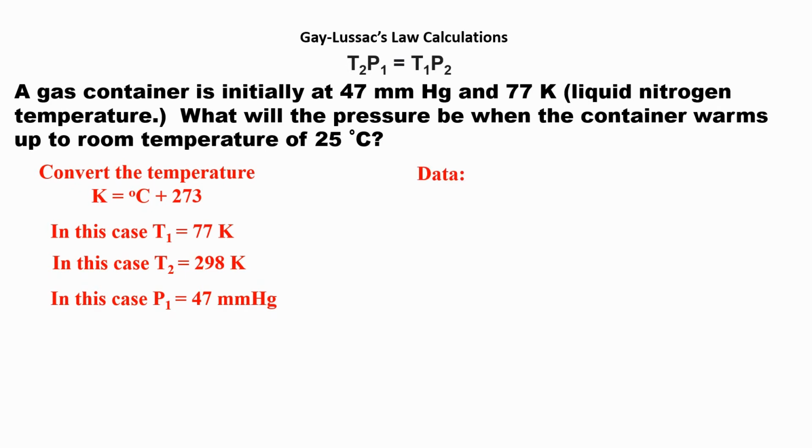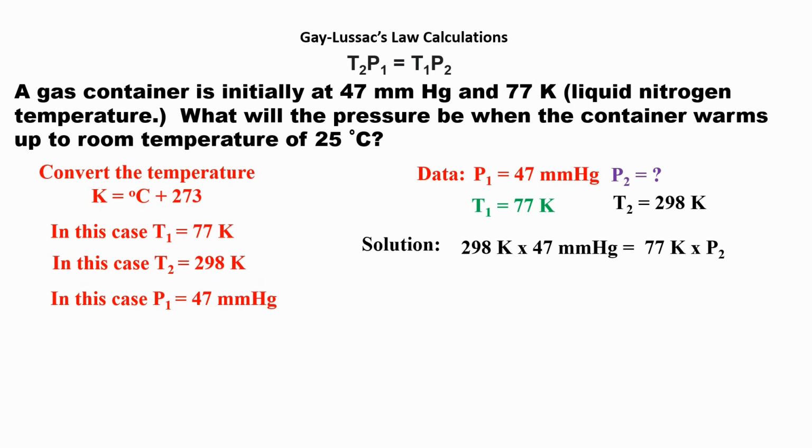The data is arranged as follows. P1 is equal to 47 millimeters of mercury, T1 is equal to 77 K, P2 is unknown, and T2 is equal to 298 K. The solution involves the following arrangement, where 298 K times 47 millimeters of mercury is equal to 77 K times P2.